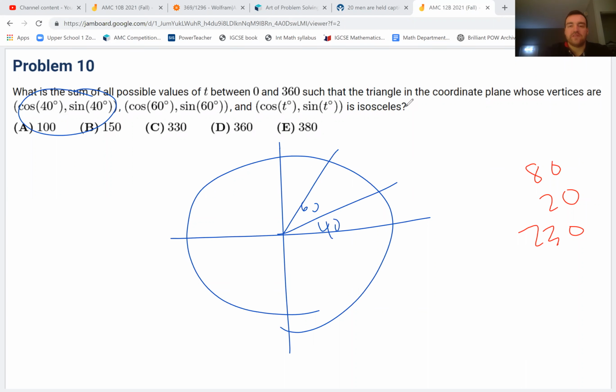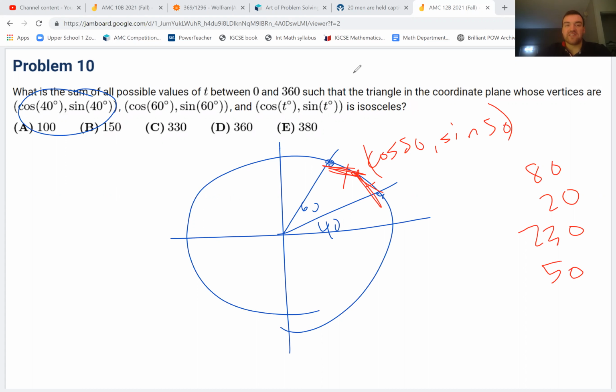Here's one point, here's one point. What if we pick the point that's right in between them, the point that's right in the middle, so this distance is equal to this distance? Where would that be? Obviously, that's going to be right at 50 degrees. So cos 50, sine 50 would be another possible point for t.